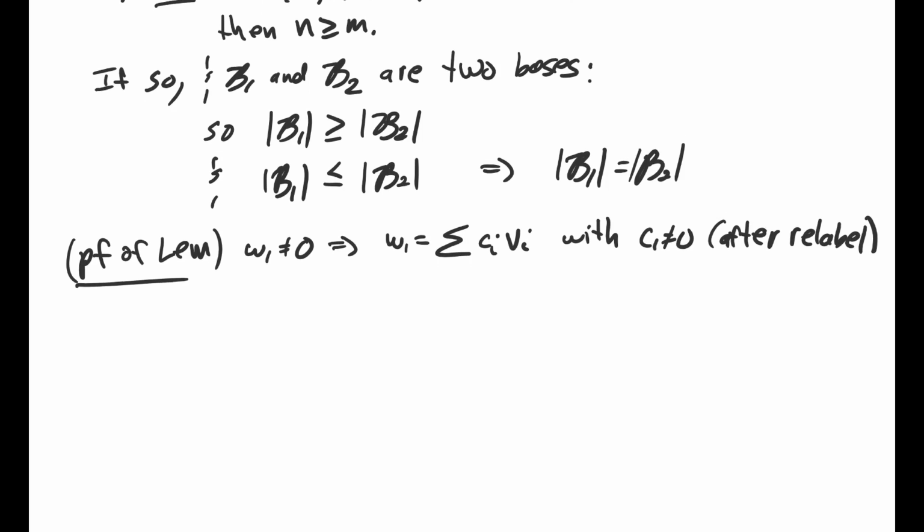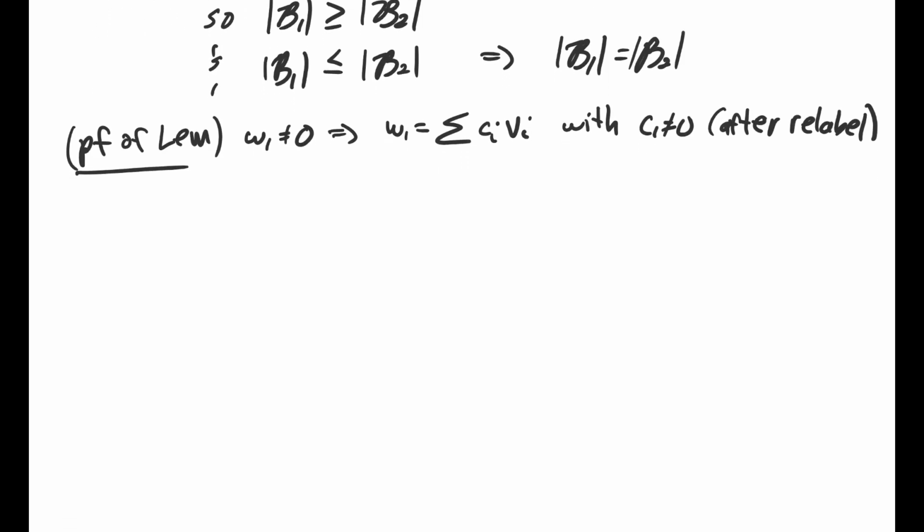All right. Since c1 is non-zero, we can move c1 v1 to the other side and w1 to the other side and divide by c1 and get the following. Okay, there we go. So this just means that v1 is a linear combination of all the other v's and w1.